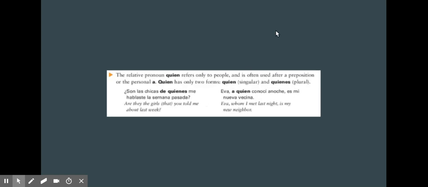Quien only refers to people and can never refer to a thing, and it is often used after the preposition a. Now, in general, a is used when referring to people, pets, and so forth. And it can be both in singular or plural form, quien and quienes.